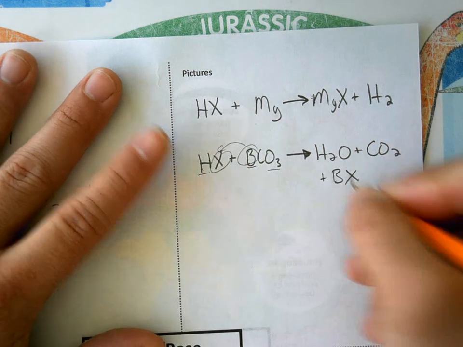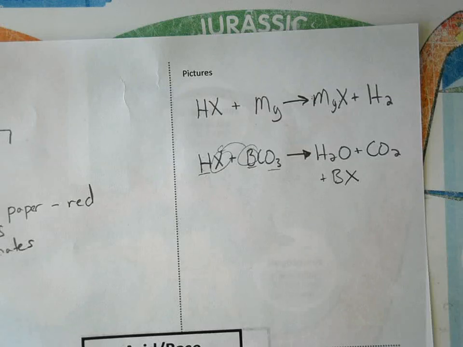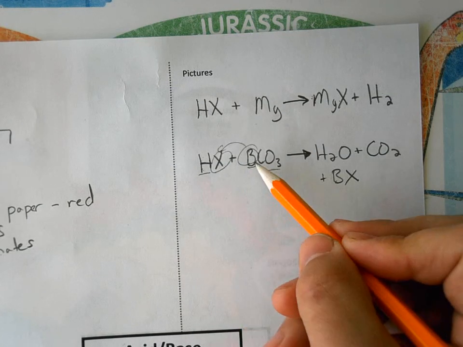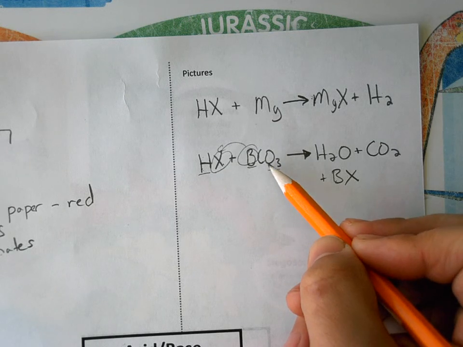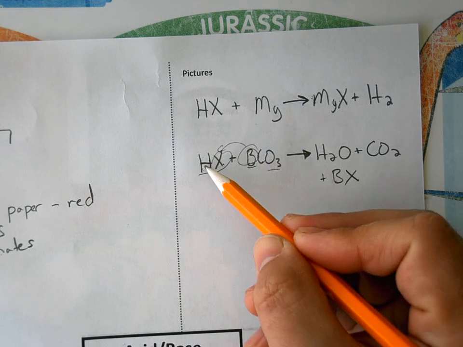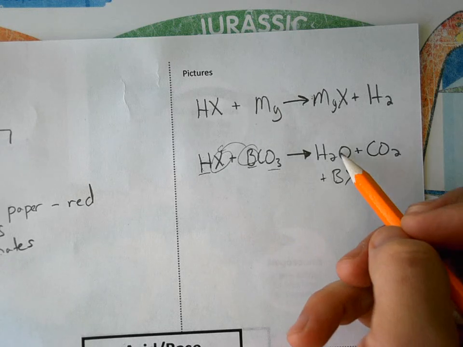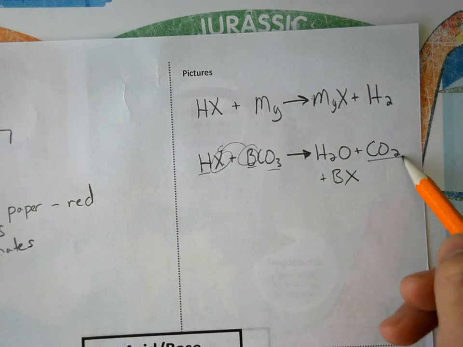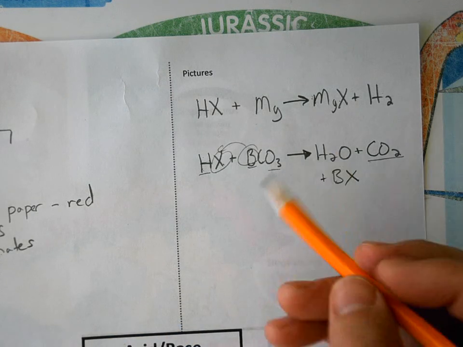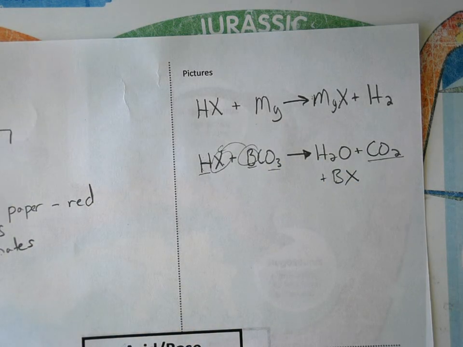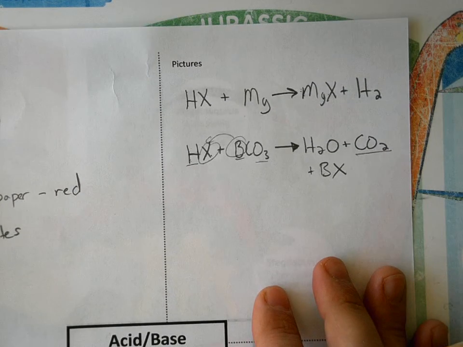And then once you get this set up, we usually have to balance this. So we have this cation reacting with this anion, a carbon dioxide getting kicked off here, and then some of these oxygens going with some of these hydrogens to produce that water. So it is a different gas here. So we see that carbonates do react with acids, which is important because when we have things like marble or certain construction materials made out of carbonates, we know that acid rain is dissolving those down a little bit.